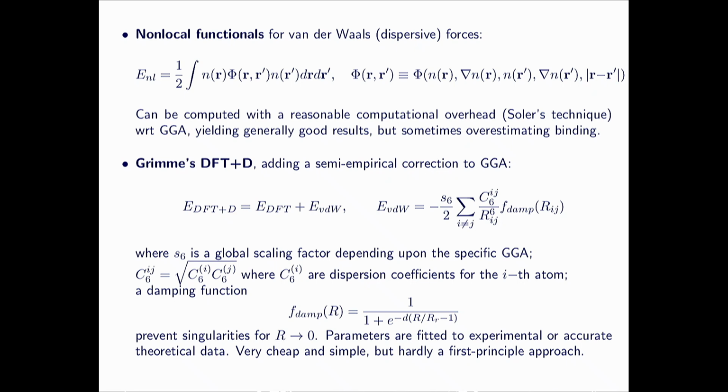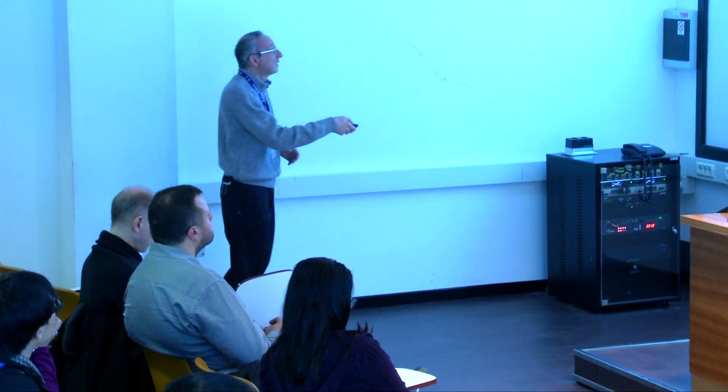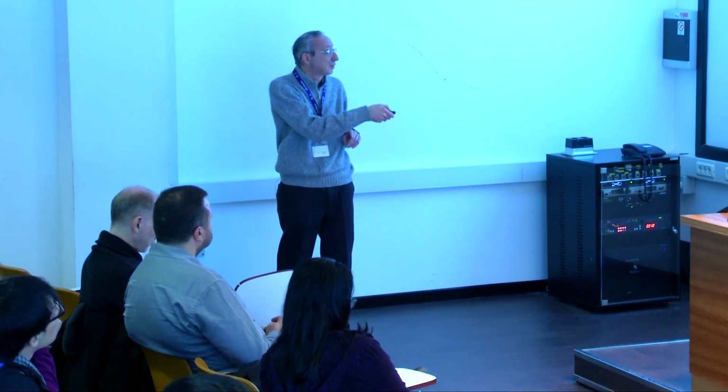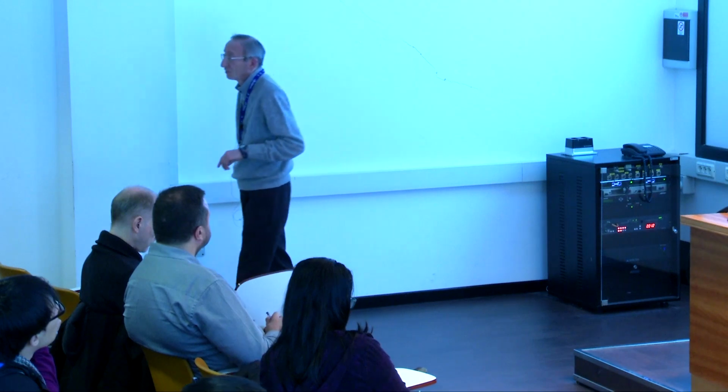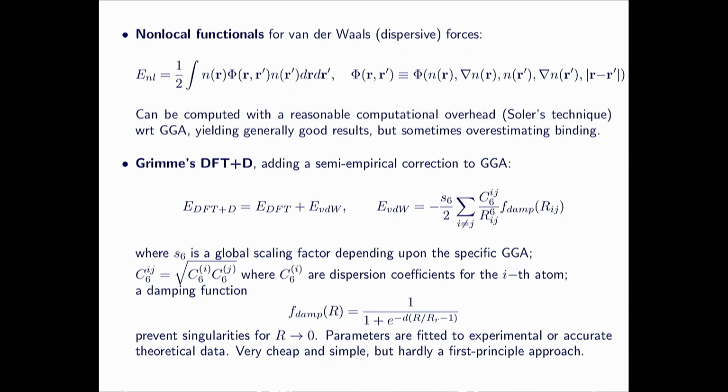So you have your GGA that doesn't account for the van der Waals interaction, but you know how the van der Waals interaction works. The main contribution, you may have also other terms, is this 1 over R^6. And this object here is related to the atomic polarizability. So one may try to fit for all atoms these coefficients.